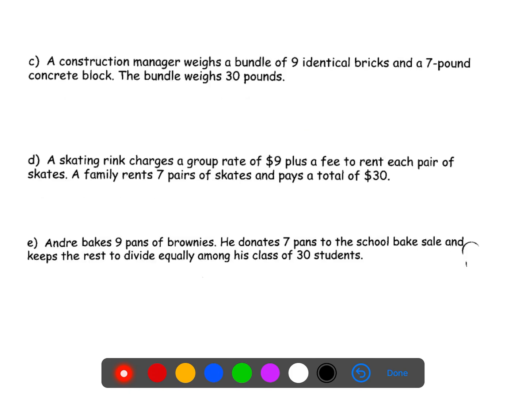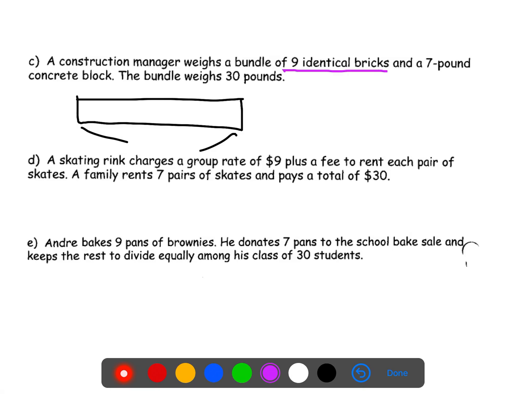Okay, for the next 3, I'd like you to look at those, please. Remember to start by finding the key information in the problem, drawing your tape diagram, and then we'll compare our answers once you've done it. So for C, a construction manager weighs a bundle of 9 identical bricks and a 7-pound concrete block.